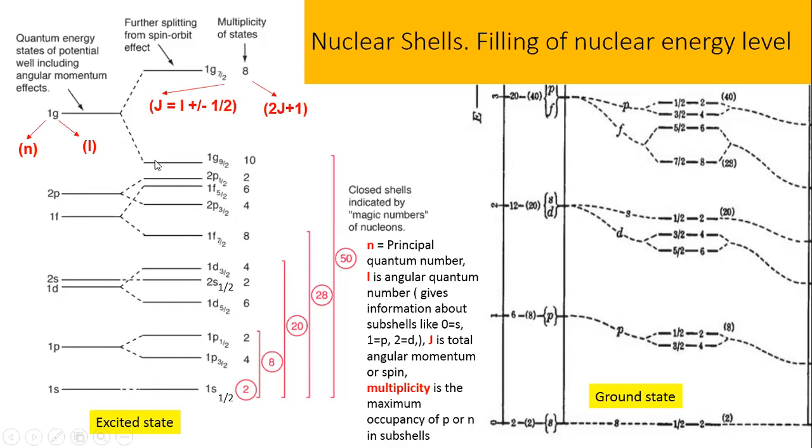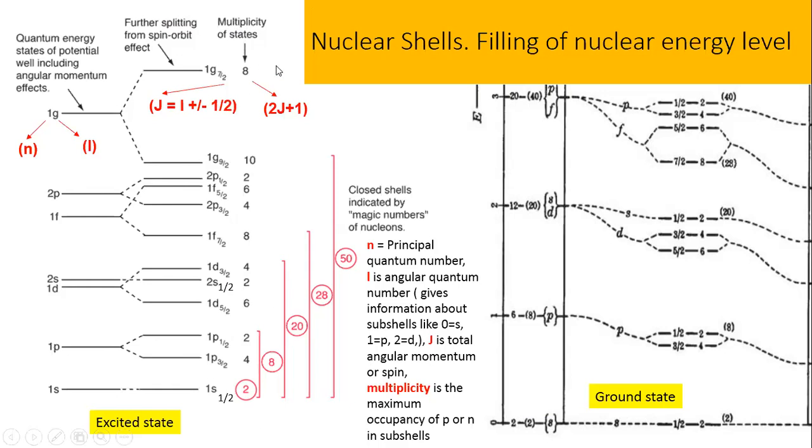angular quantum numbers, and you can calculate the value of J, which is the total angular momentum, or sometimes we call it the spin. We will explain in the next slides. So we have explained here how to calculate the angular quantum number, and then the total quantum number, and then move to the multiplicities of the states.